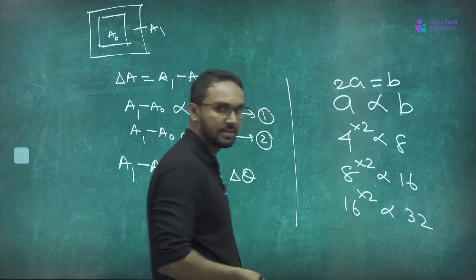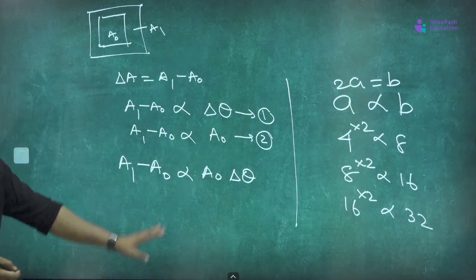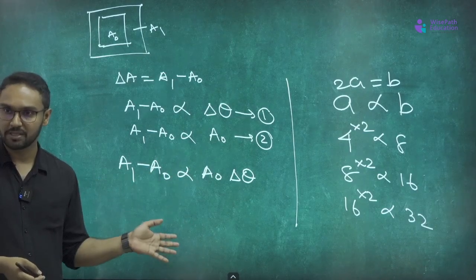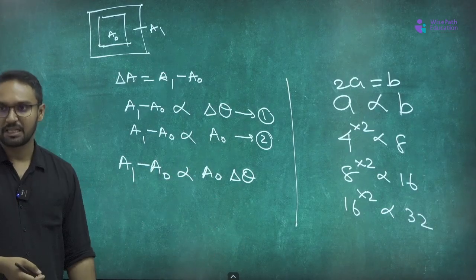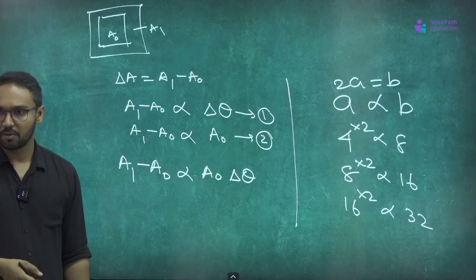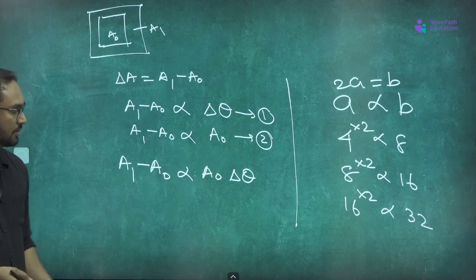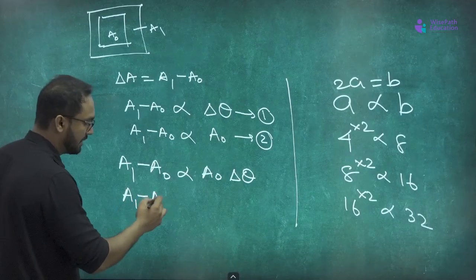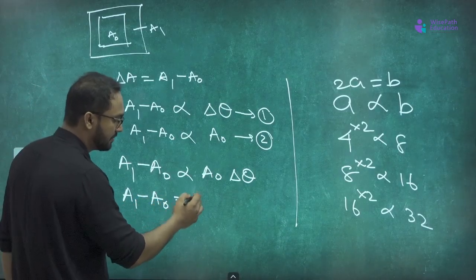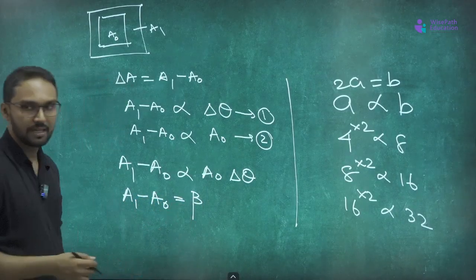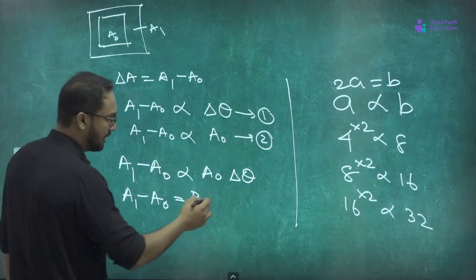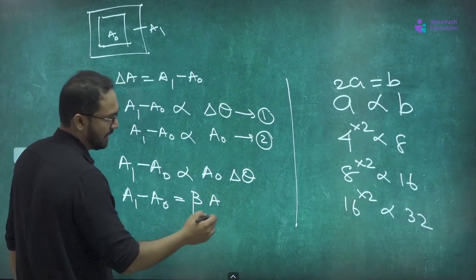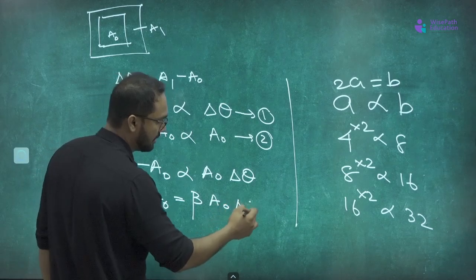Now this is an equation. The same way in every physics equation we do the same thing. We take a few proportions and make it an equation by multiplying it by a constant. So here the constant in the area expansion is beta. So it's beta times A0 delta theta.